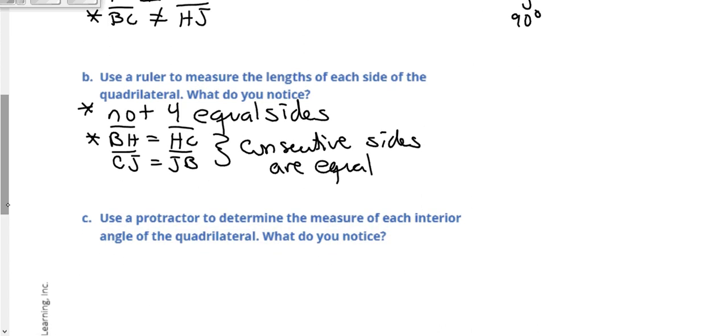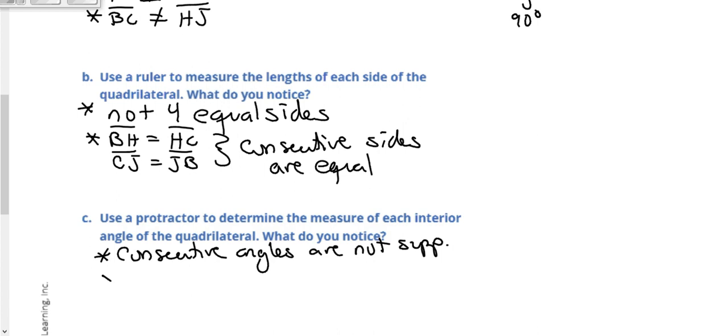All right, so in this one, consecutive angles are not supplementary.